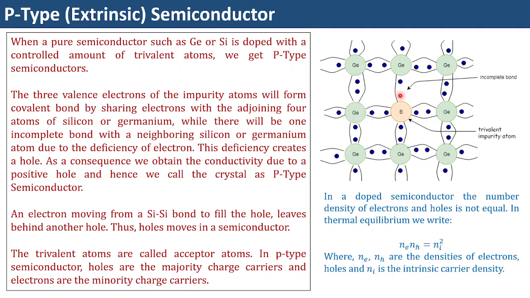So this location or this bond is incomplete. This is called an incomplete covalent bond. So in an incomplete covalent bond, the region of absence of electron is nothing but a hole. So that is why in p-type semiconductor you have availability of holes and not electrons, right?